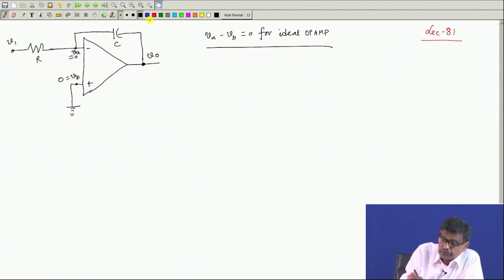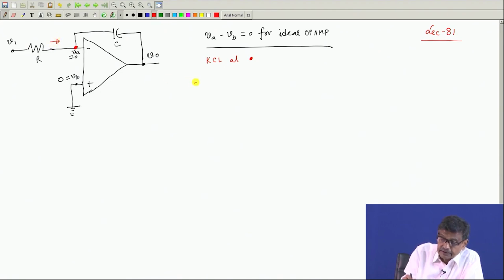So, what you have to do? Same procedure, you have to write down KCL at this point. KCL will be the current going in here, this is V naught. So, how much is the current going here?